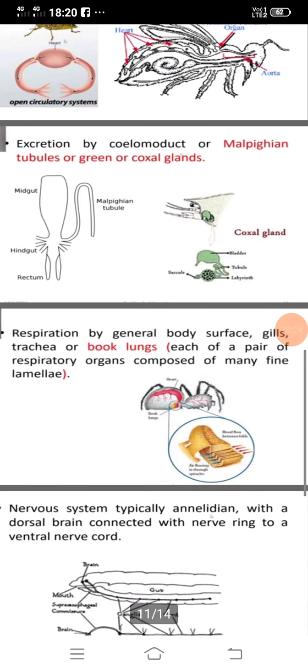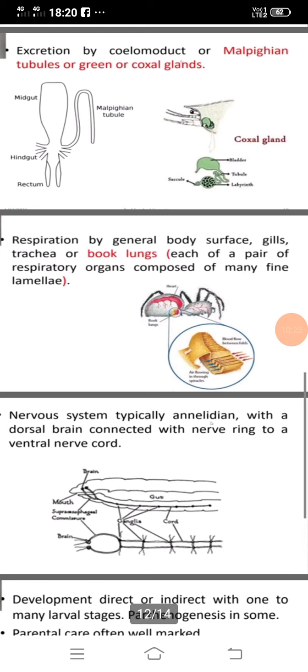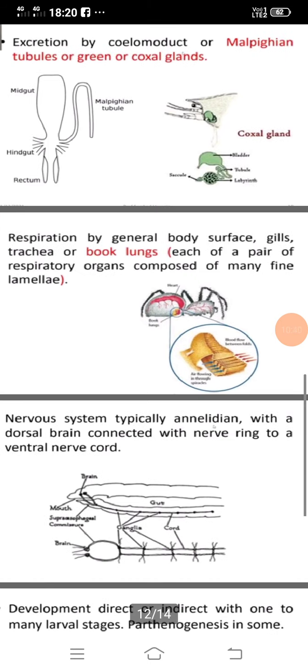Then next is respiration. Respiration by general body surface, also through the gills, also through the trachea or book lungs. So you can see in this diagram, in the lateral side of the body of the arthropods and some insects, they have a special type of openings.